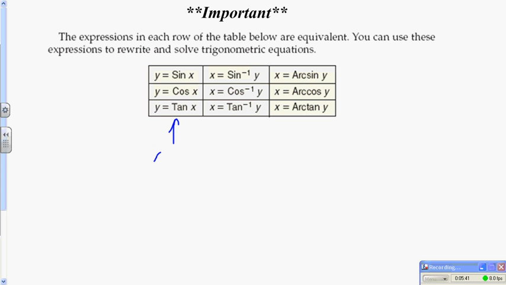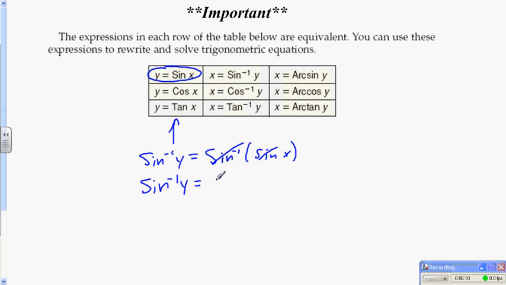If I want to solve for this, I would take sine inverse, capital S now, of both sides, and my sines cancel, and that's how we get that column.